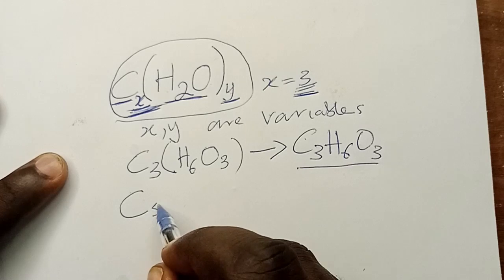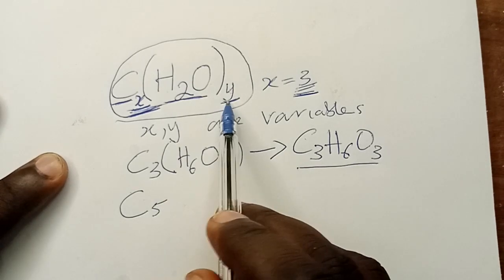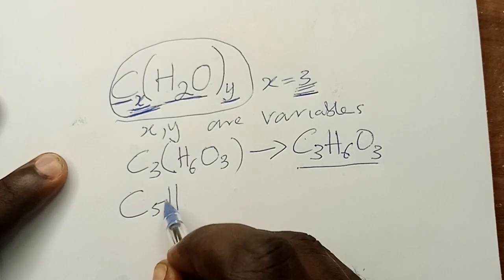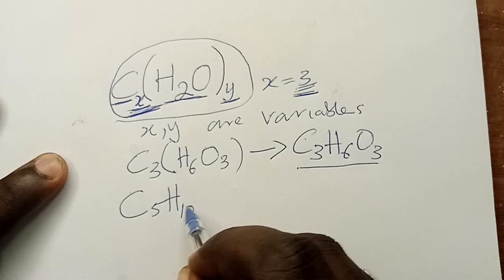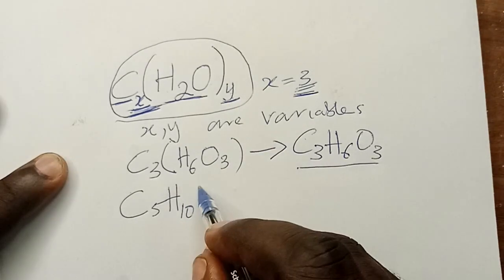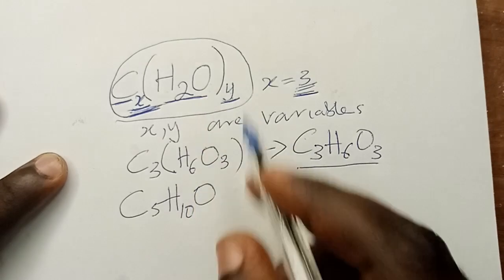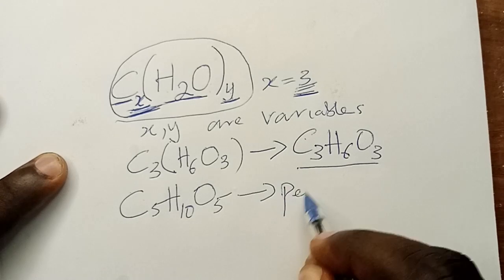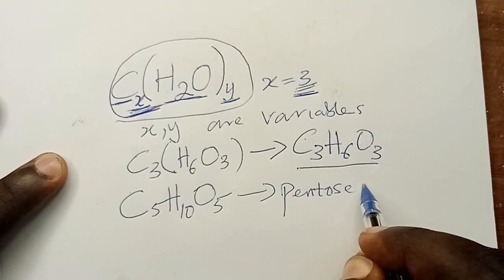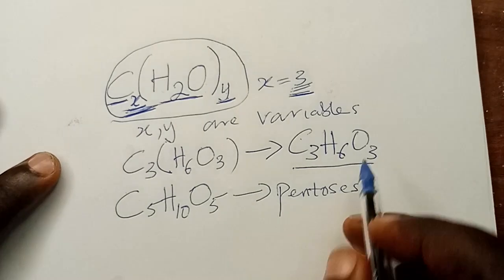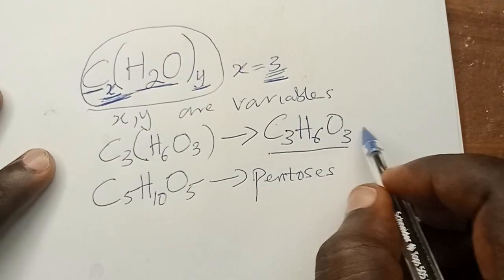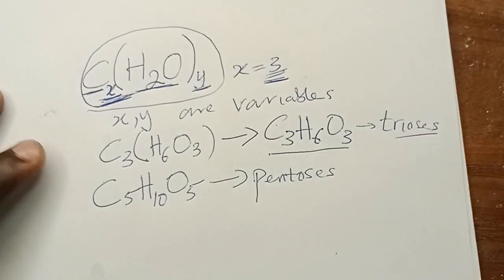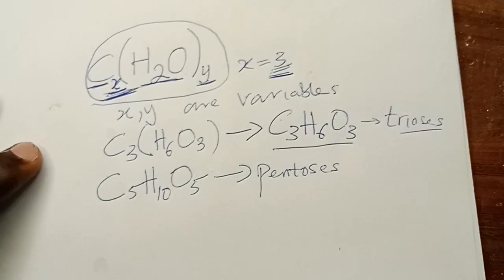We have 5 here, then 5 outside for Y. 5 times 2 is 10, which is the number of hydrogen, and the number of oxygen is O5. This represents pentoses, as you can see here. This one here is trioses, the sugar, or monosaccharide, trioses.